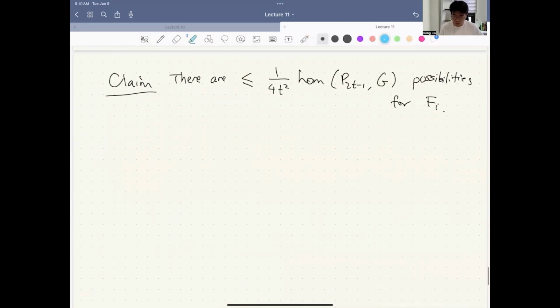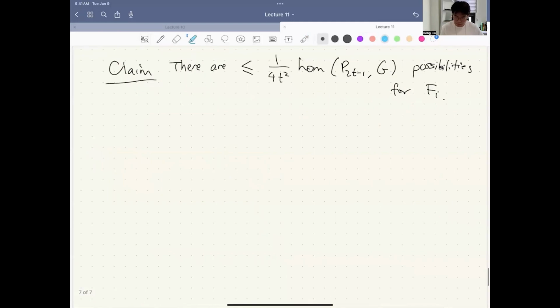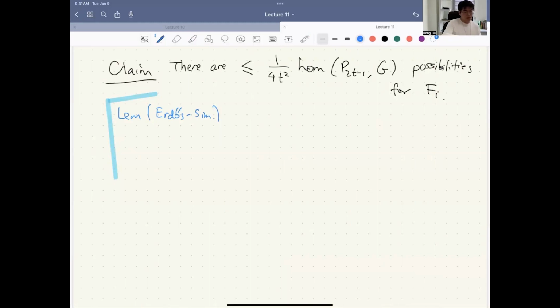To prove this, we're going to use a lemma. Another homomorphism inequality lemma by Erdős and Simonovits, which compares the number of homomorphisms of paths of different lengths.